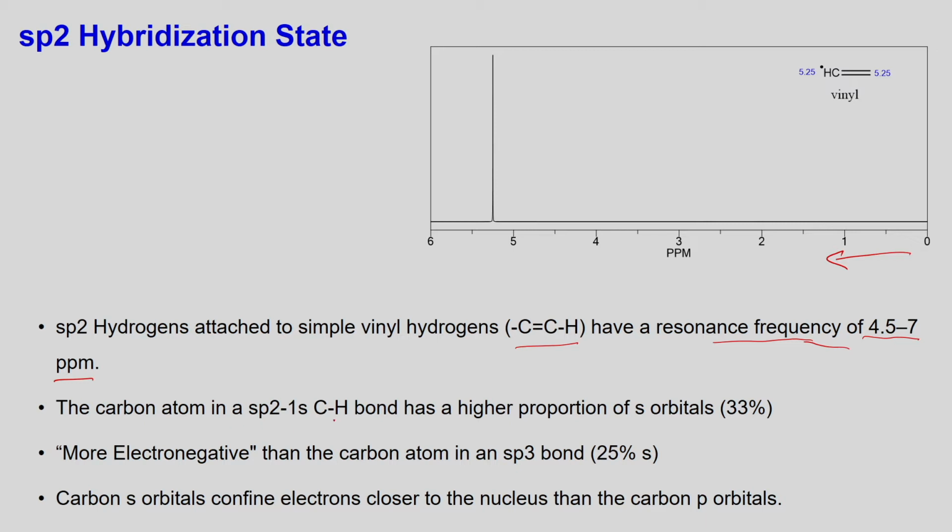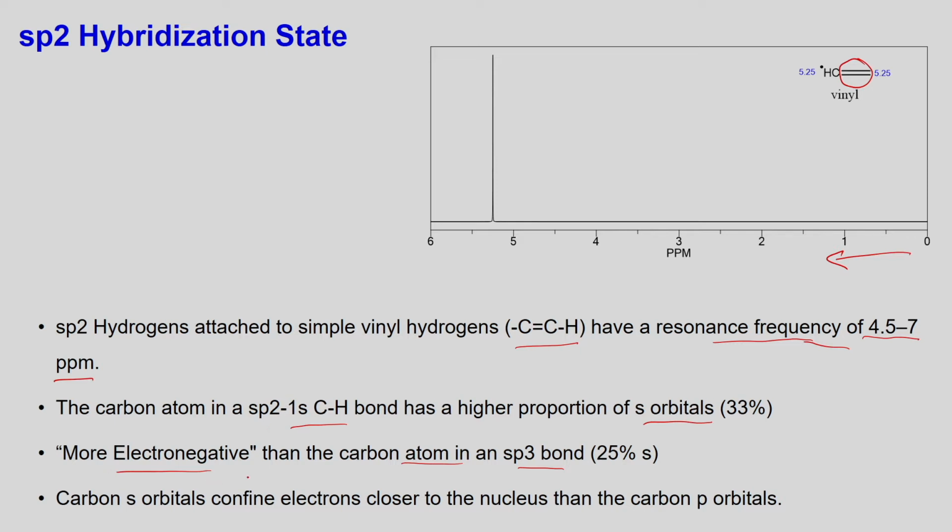Magnetic field means higher frequency, that is how I have related this frequency with the ppm. The carbon atom in an sp2 C-H bond has a higher proportion of s orbital character. Because of the higher proportion of s orbitals, the electrons are tightly held, and it is more electronegative than the carbon atom in an sp3 C-H bond.